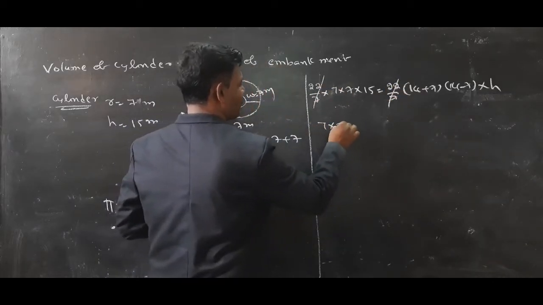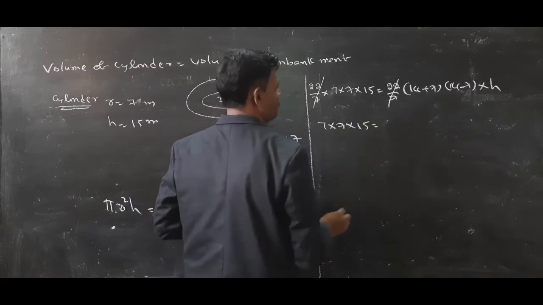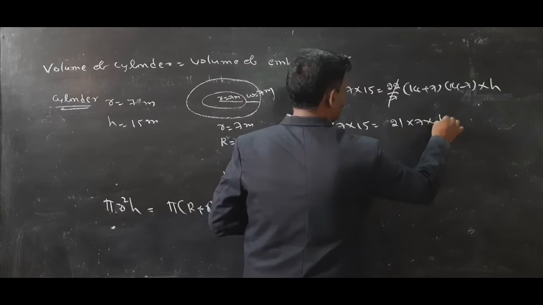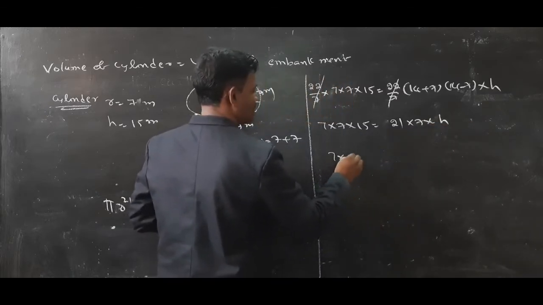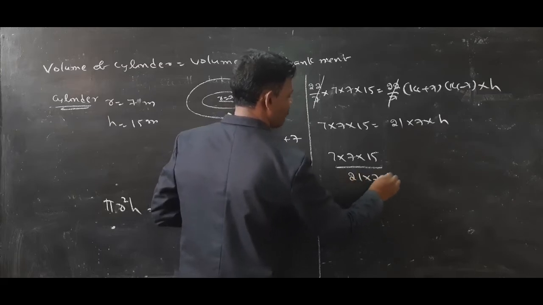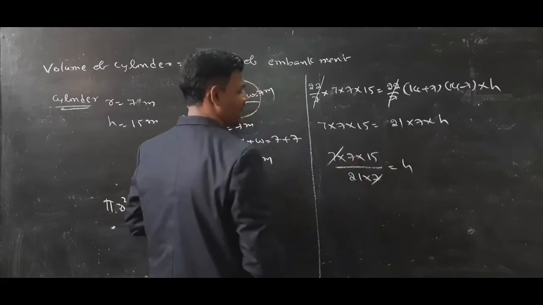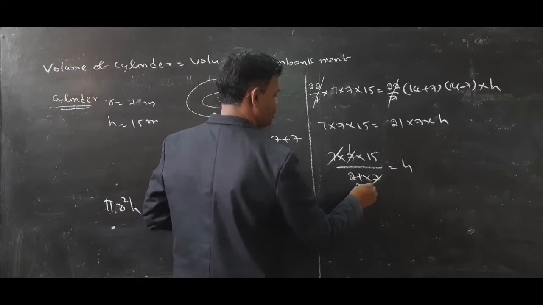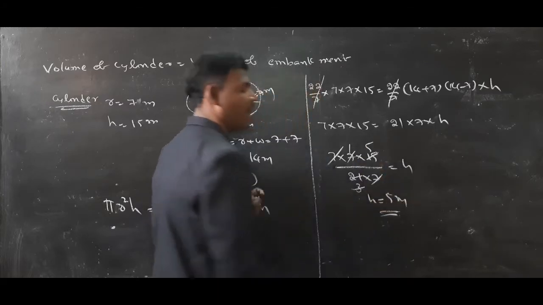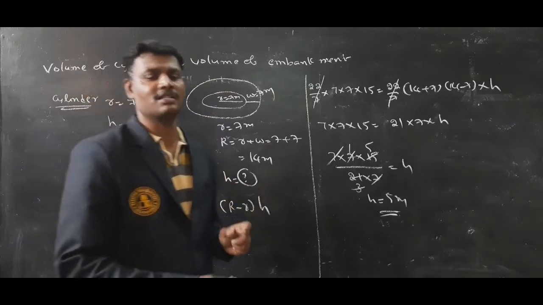What is the remaining? 7 into 7 into 15 is equal to 14 plus 7, 21, into 7 into h. Now 7 into 7 into 15 by 21 into 7 is equal to h. 7 cancel. 7 ones are 7, 3 ones are 3, 1s are 3, 5s are 15. H is equal to 5 meters. So the height of that embankment is 5 meters.